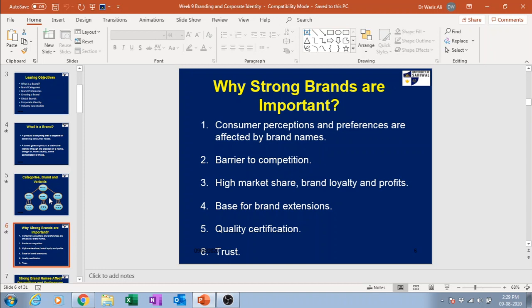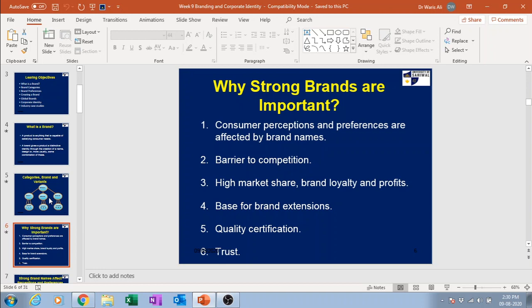For example, we have similar laptops. Two laptops are in front of us, and both of those laptops have been manufactured by the same company. And both laptops have the same features, benefits, even material as well, because the same company has manufactured them. But over one laptop we wrote the sign of Apple, while on the second laptop we wrote the sign of HP. So we are going to give preference to Apple as compared to HP.